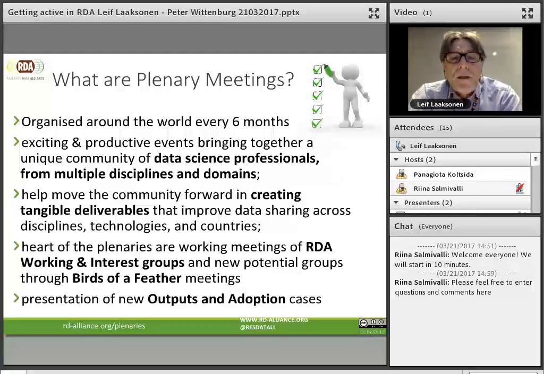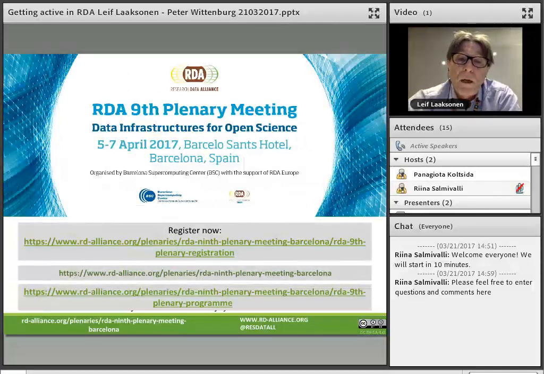So it's really the plenaries that are the heart of the RDA working and interest group activities. And an important part nowadays in the new plenaries are the outputs and adoption cases, because I think it's very important to see how these outputs and recommendations really are applied also. So the output and adoption cases are very, very important.